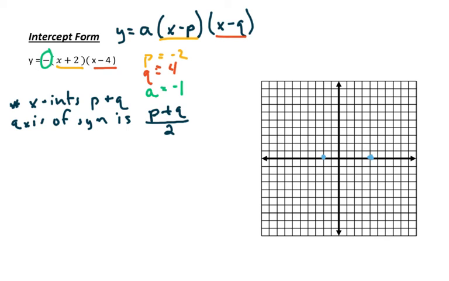And when we do that, we've got p plus q. Well, that's easy. We've got -2 plus 4 divided by 2. And that's going to give me 1. So I'm going to go over to 1, and that's going to be the middle of my graph.